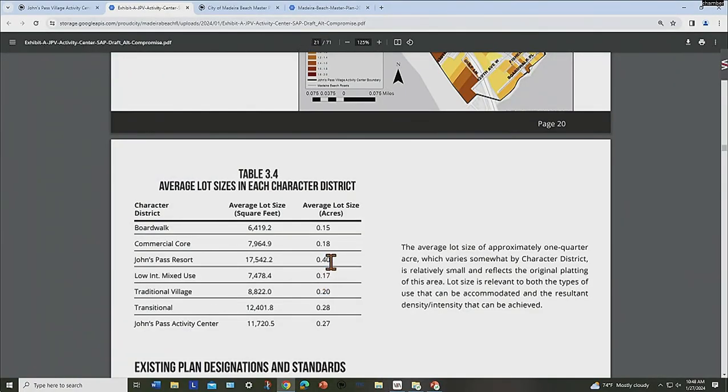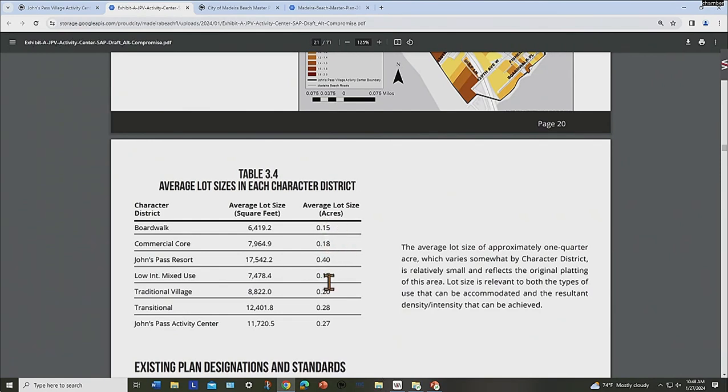I don't think there are any open lots that are unified that are an acre. Obviously, some people own multiple lots and you could unify them together and it could be an acre or a little over an acre. But what Andrew has right now is the average lot size of each character district, and most of the lot sizes are quite small.